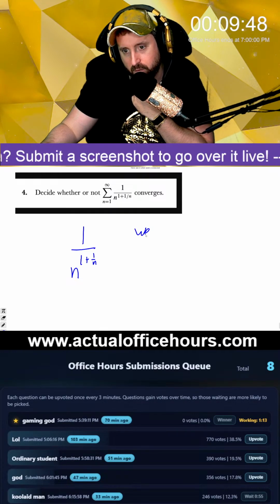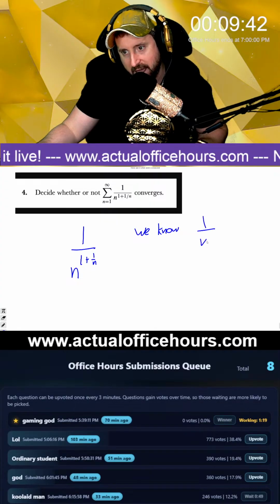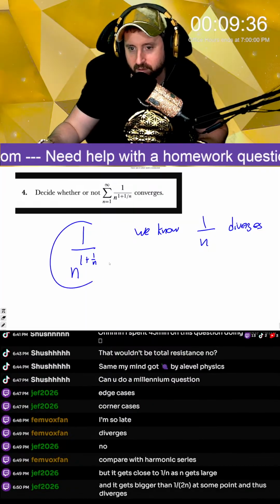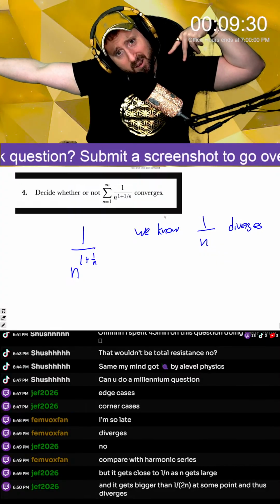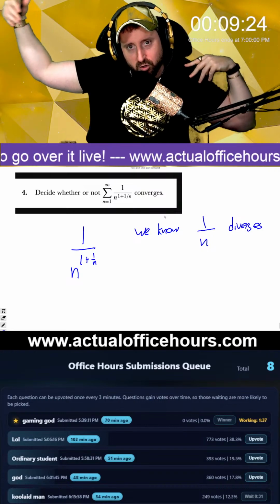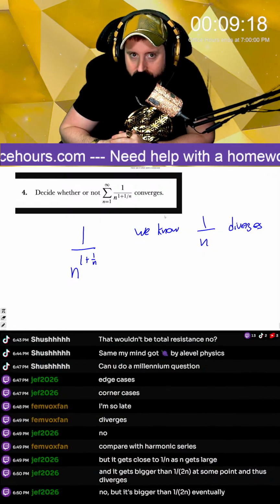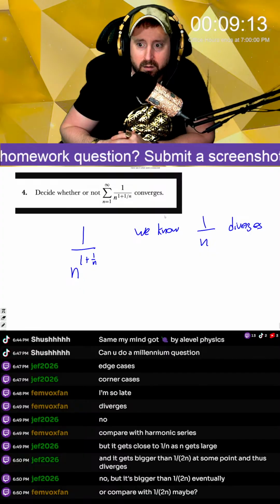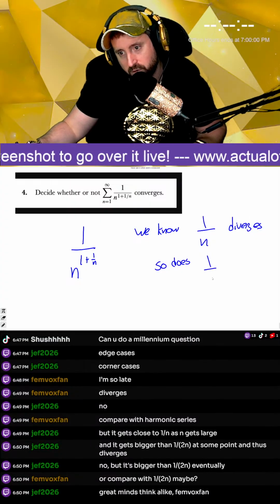Well, okay, so we know that 1 over n diverges, right? So if we want to prove this diverges, we have to show that this is greater than this, which I don't think it is. Yeah, and it gets bigger than 1 over 2n at some point, and thus it diverges. It's bigger than 1 over 2n? Okay, let's compare with 1 over 2n.